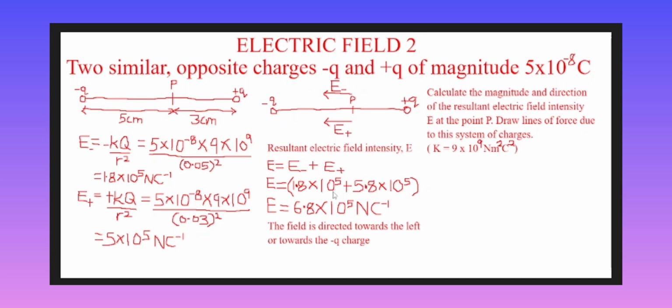Then I will take the power, so that is 6.8 times 10 raised to power 5 Newton per coulomb. Okay, so the field is directed towards the left or towards the minus Q charge, just as we have explained.